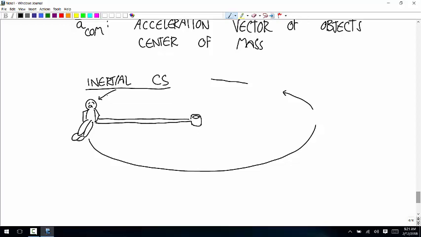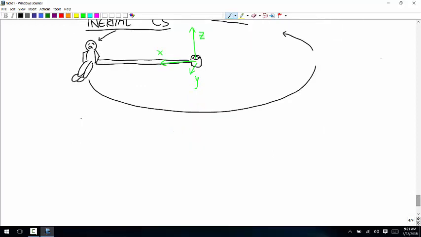Okay, so let's think about a coordinate system that's mounted like this. Let's say that's X, that's Y coming out towards us, and then Z up. And this coordinate system can do two different things.